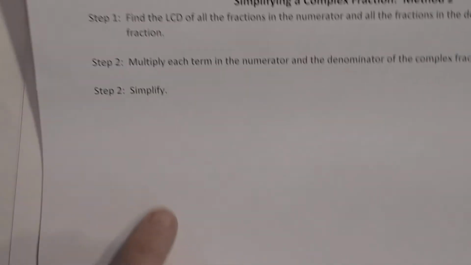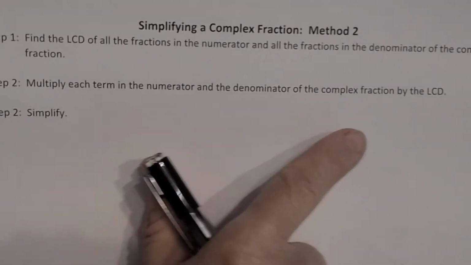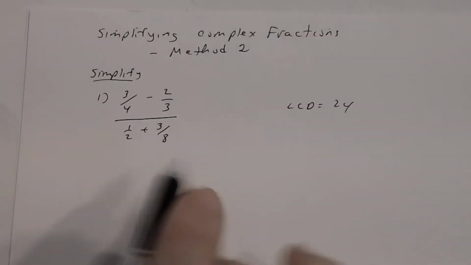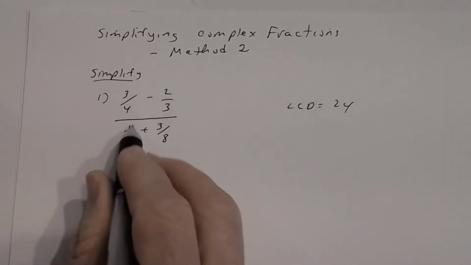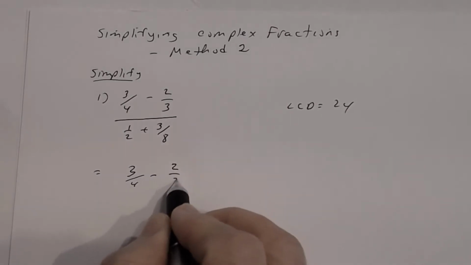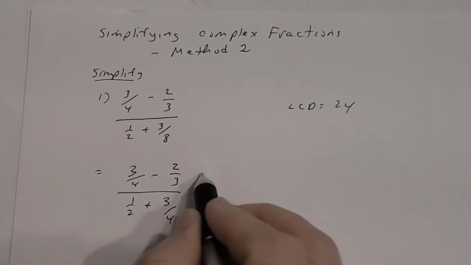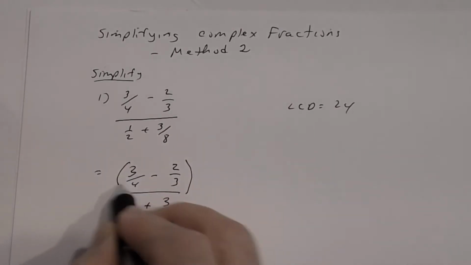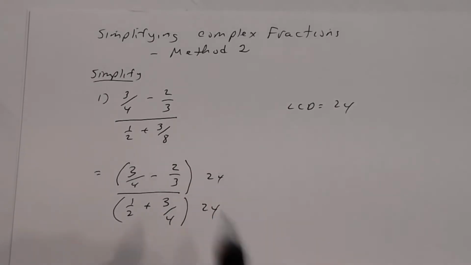Now the second step is to multiply both the numerator and the denominator by the LCD. I'm going to rewrite this over so I can leave the original problem as it is. Method 2 says I take the numerator and multiply by 24, and I take the denominator and multiply by 24.